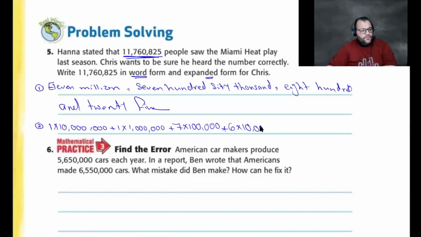Okay, plus, we finish? Still we have 825. The expanded form: we have 8 times 100 plus 2 times 10 plus 5 times 1. That's defined by the expanded form. So just a minute.